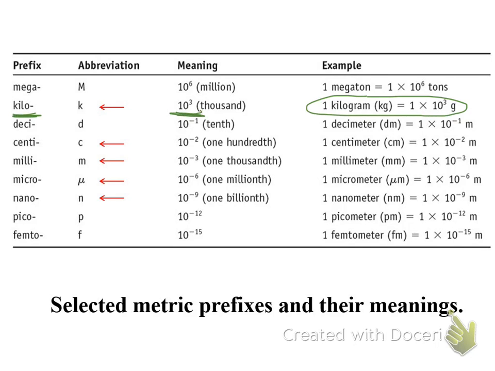We're going to do a lot with scientific notation, so let me know if you need help with that. The other 3 you need to know are smaller than the base unit. Centi means 1/100th, milli means 1/1000th, micro means 1/1,000,000th, and nano means 1/1,000,000,000th of the base unit.